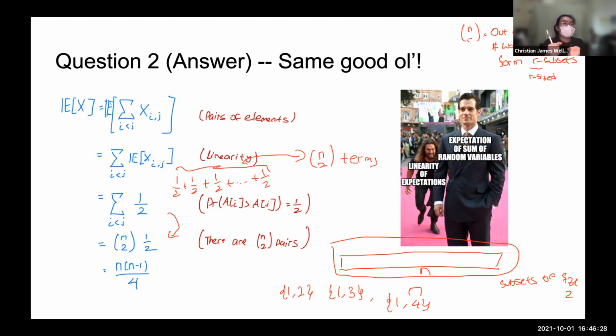So how we decompose it is that we consider all pairs of elements. To count all the inversions, we ask, hey, you, that pair over there, are you an inversion? Then you ask another pair, hey, are you an inversion? Ask another pair, are you an inversion? That's the reason we account for every single pair.